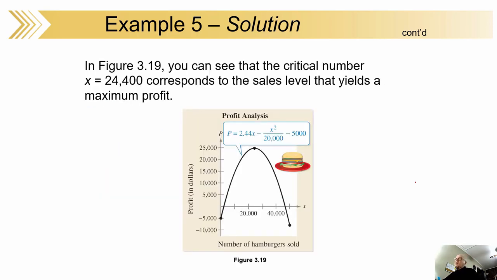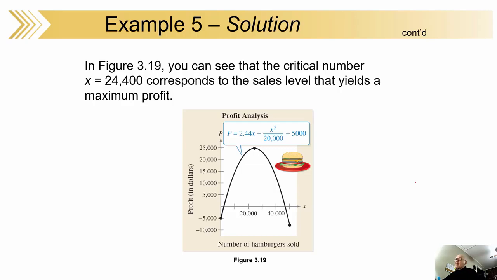So here's a graph of your profit function. It's probably a good idea to not just look at the function, look at the graphs too. That might give you an extra idea. Never hurts to have the eyes looking at something, because sometimes a picture tells you a little bit extra.